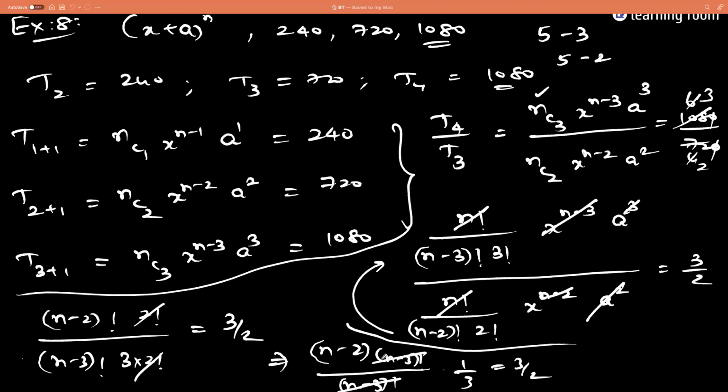So n minus 3 factorial and n minus 3 factorial are gone. So what will you get? This implies 2n minus 4 is equal to 9. So 2n will be equal to 13. N will be equal to 13 by 2.